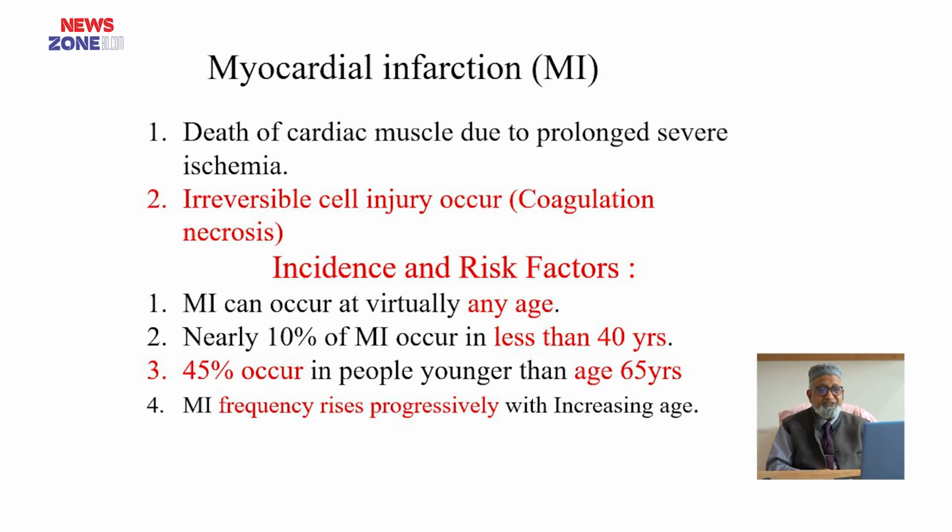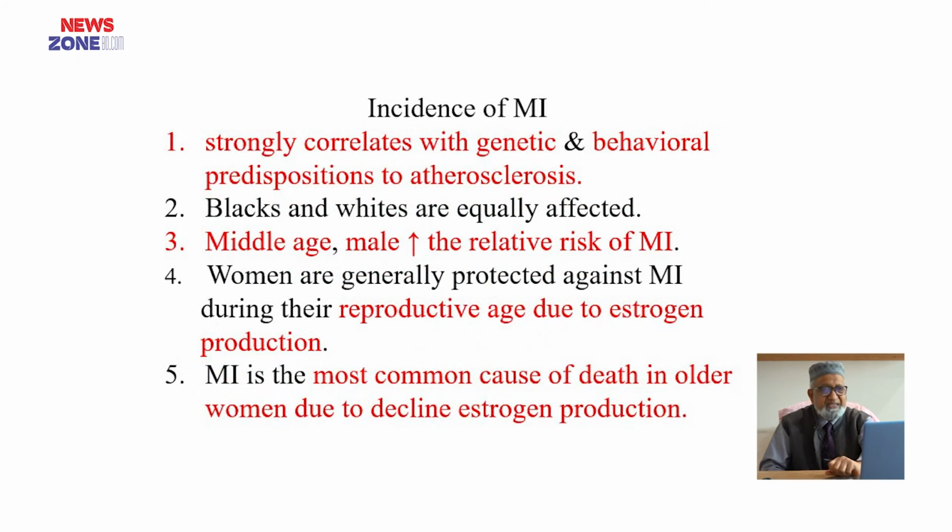Myocardial infarction frequency progressively increases with increasing age. Incidence of myocardial infarction strongly correlates with the genetic and behavioral predisposition to atherosclerosis. So, if any person has atherosclerosis, he is more prone to develop myocardial infarction.